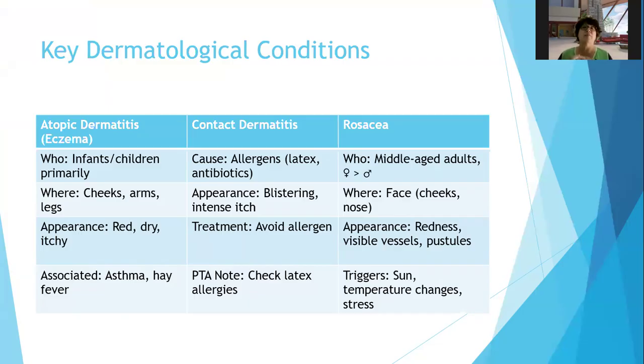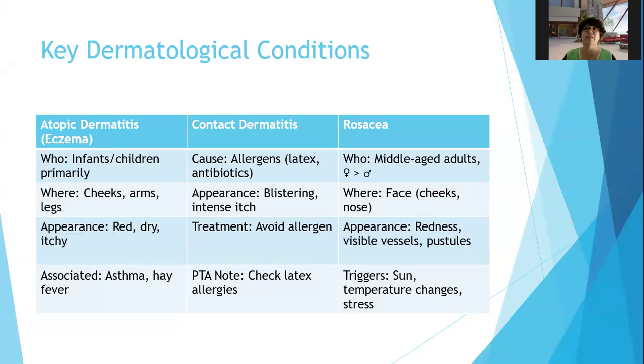Contact dermatitis is caused by allergens like latex or antibiotics. The appearance is blistering with an intense itch, and the treatment is to avoid the allergen. So before you give someone a TheraBand, make sure you ask them if they're allergic to latex, and give them the latex-free one if they are. Check those latex allergies.